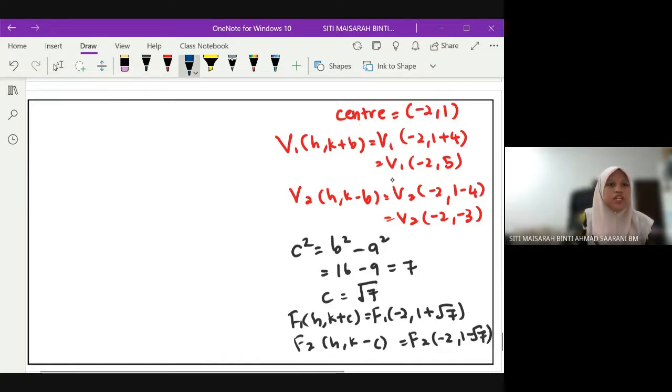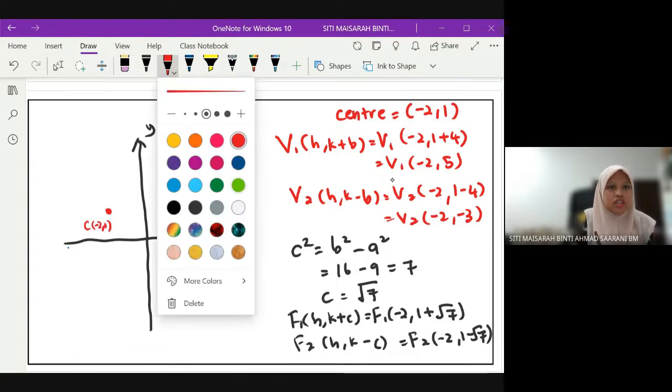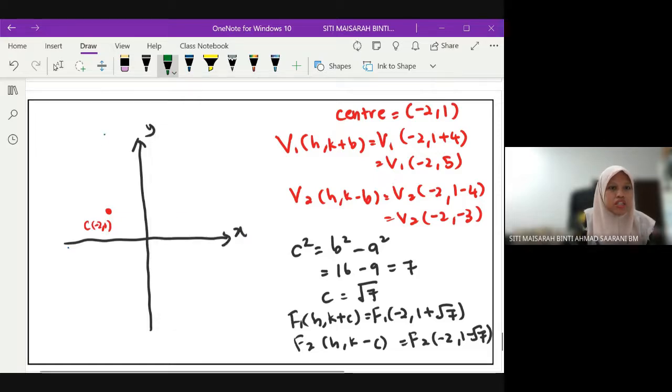Lepas tu awak lukis lah. So sini X, sini Y. Major axis dia adalah pada X negative 2. So tanda dulu negative 2, 1 sini. So this is center negative 2, 1. So major axis dia ni. Ni minor axis.